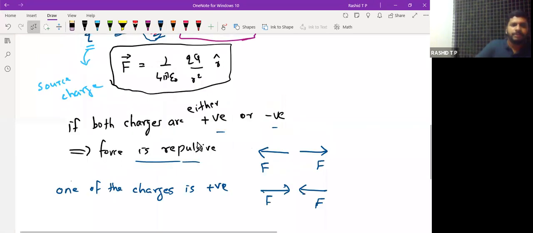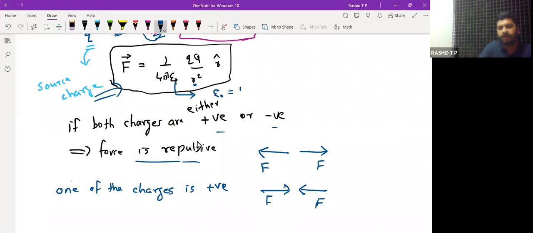Another point: here we have used the expression F is equal to 1 by 4 pi epsilon 0 qQ by r square, where r is the separation between the two charges. This epsilon 0 is called the permittivity of free space.